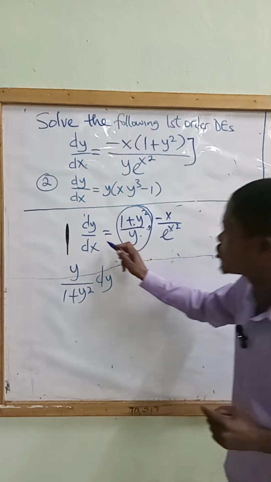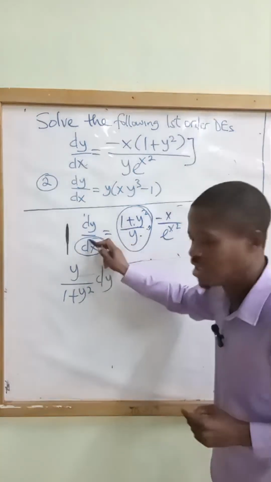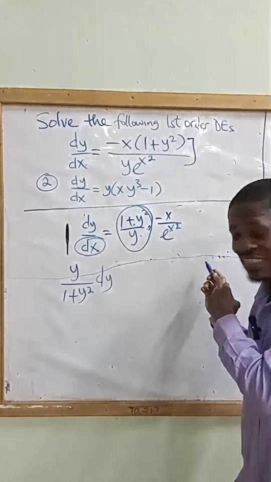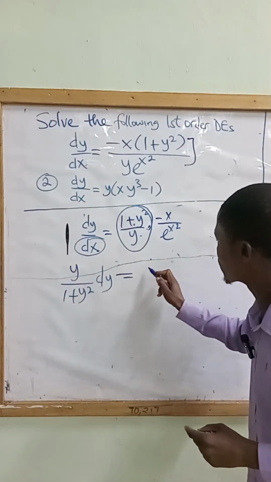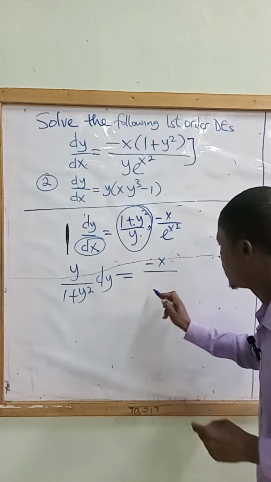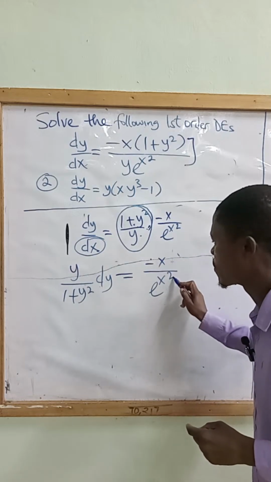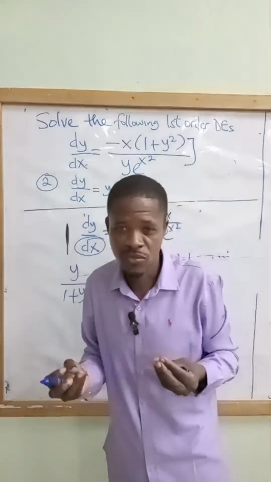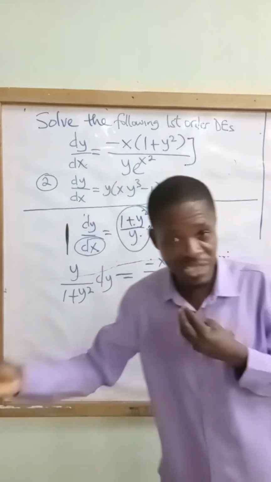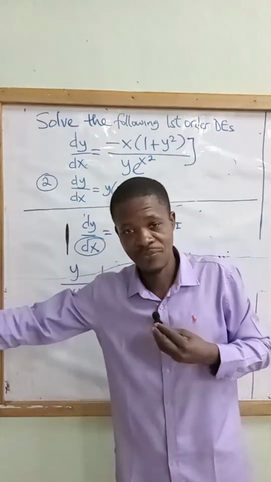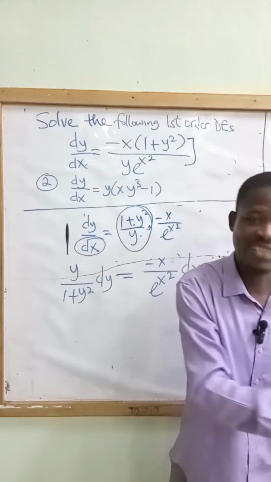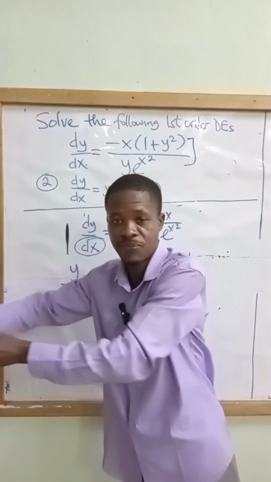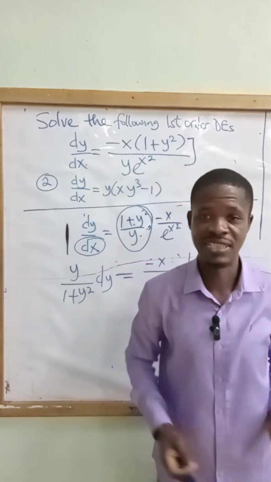Then allow this dx to go to the other side, and that will be equal to minus x over e to the power x squared dx. So we have succeeded in separating the variables, bringing the y to one side and the x to the other side.